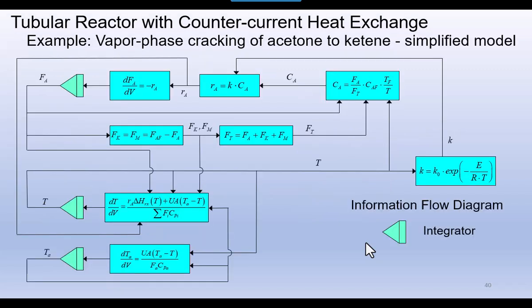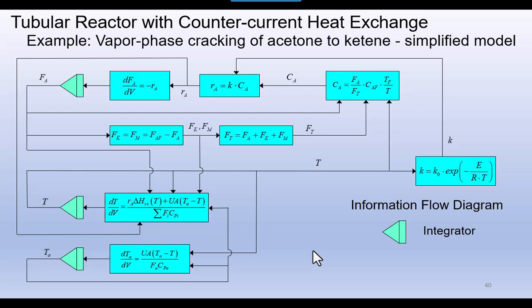So if we put that into a model, it's somewhat simplified now, and we have a differential equation for the molar flow rate of acetone, one for the temperature of our reacting mixture, and one for the temperature of the air, and then we just have these supporting relationships here.